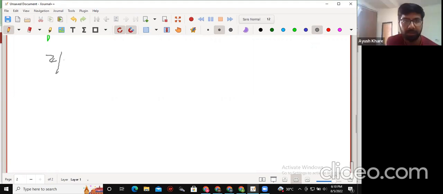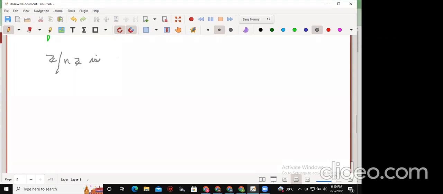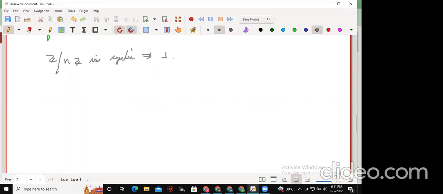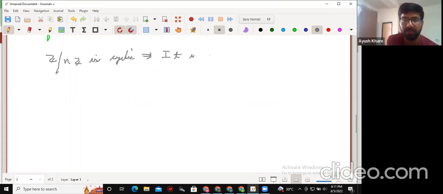So next you can see Z mod nZ is cyclic and hence it is abelian, right? All cyclic groups are abelian.